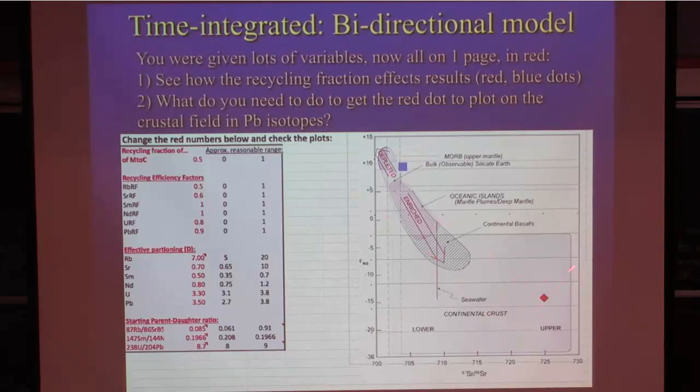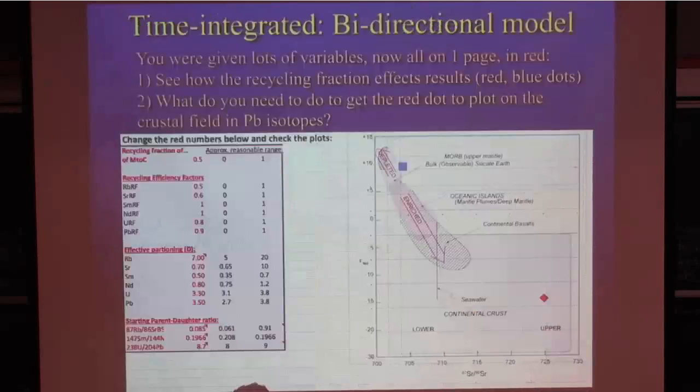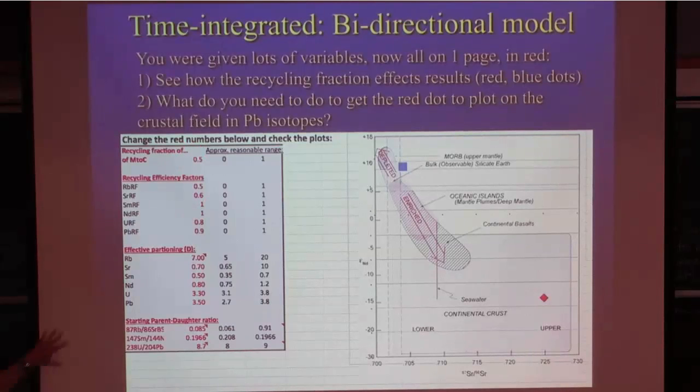These endpoints are determined by how these variables change: samarium to neodymium elemental ratios, that's in the effective partitioning, the recycling efficiencies, how much you are sticking back into the mantle, and how much is the total mass being recycled. These are all the variables basically.